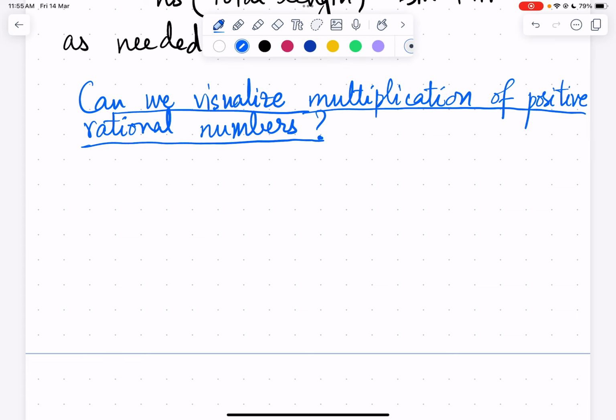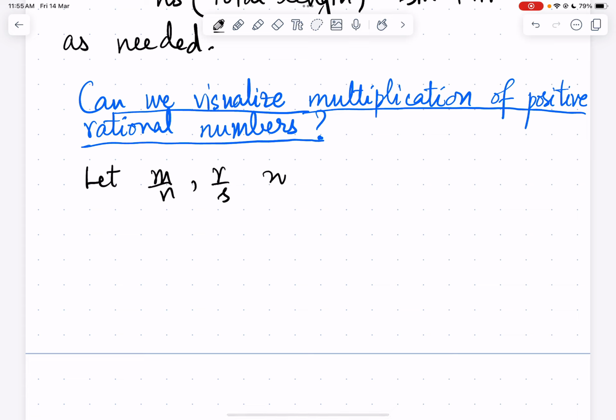So let m by n and r by s be rationals where m, n, r, s are positive integers.